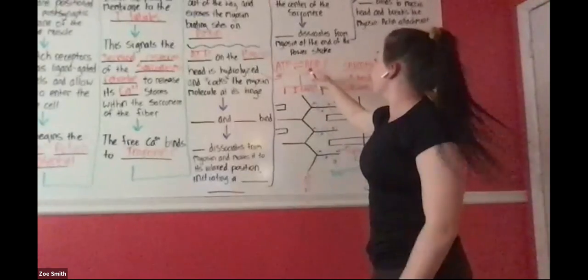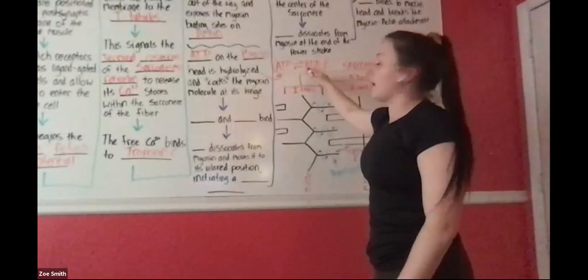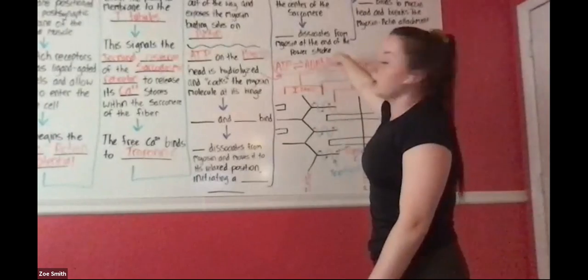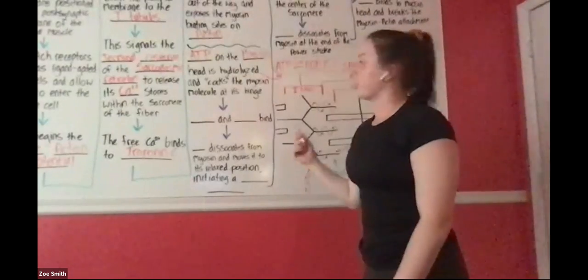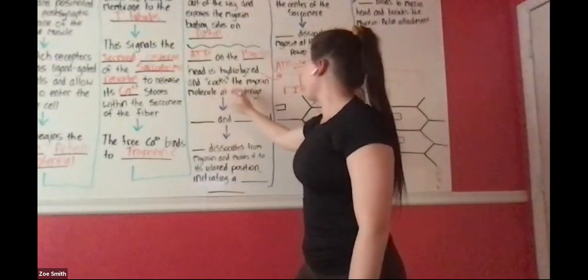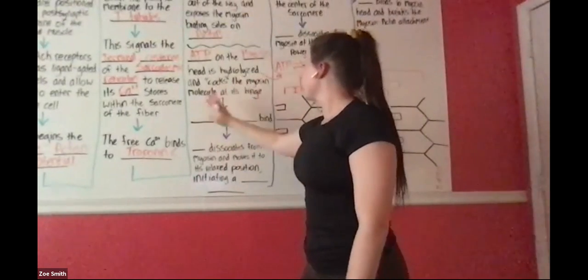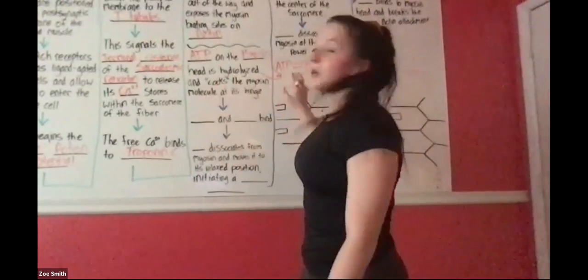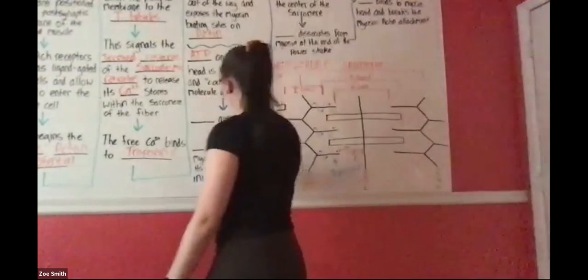So now it is ADP, or adenosine diphosphate, and an inorganic phosphate molecule. That's where you're getting that energy from. That causes it to cock the myosin molecule at its hinge. So now blank and blank can bind. So now actin and myosin can then bind.